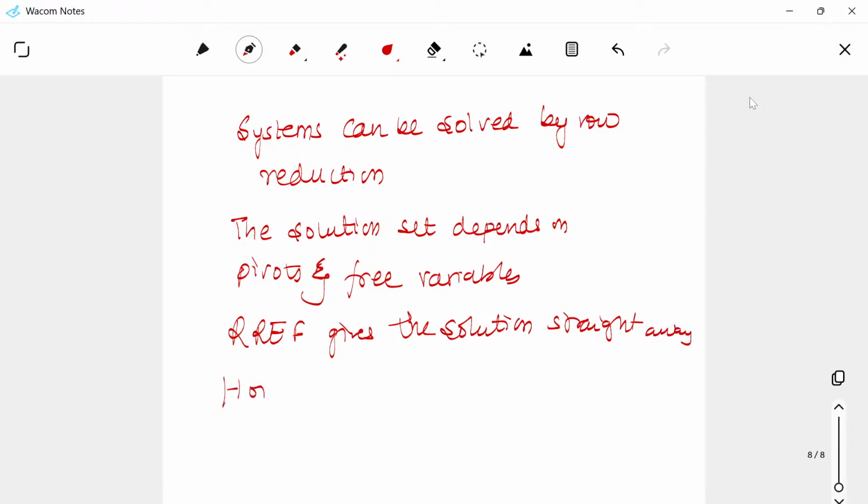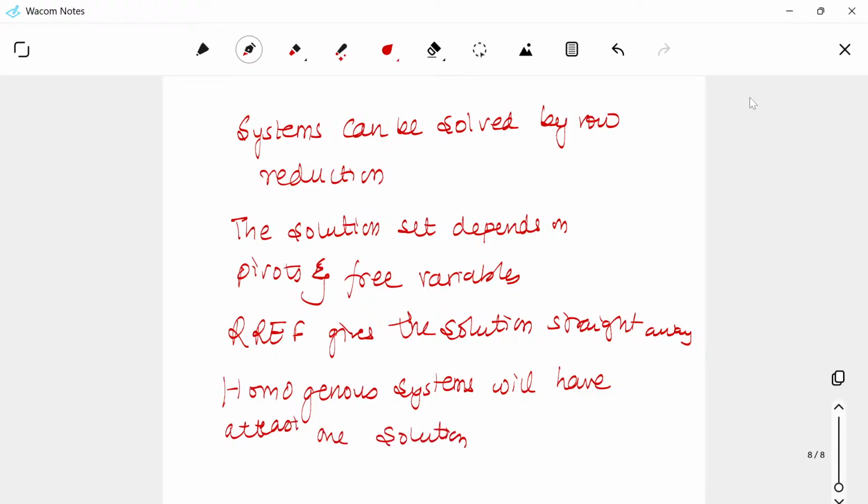Homogeneous systems will have at least one solution. Inverses solve Ax equal to y only when A is invertible.